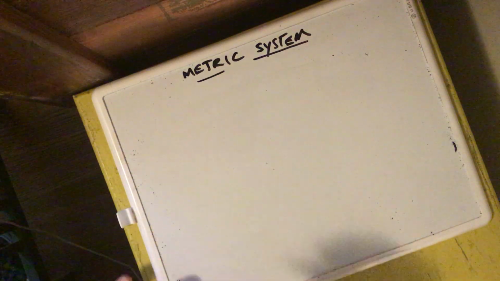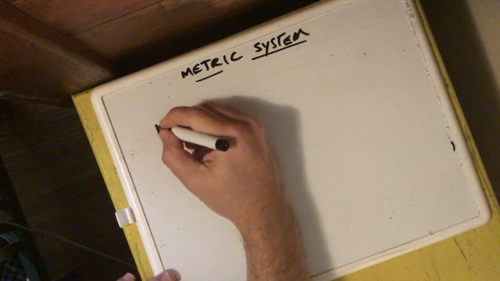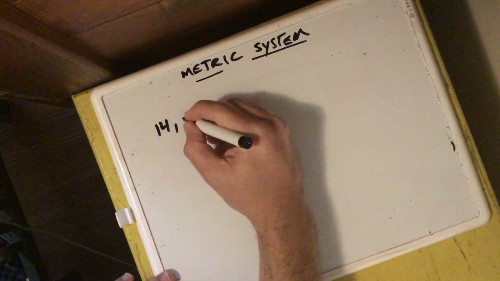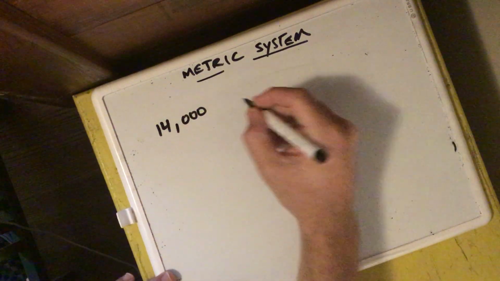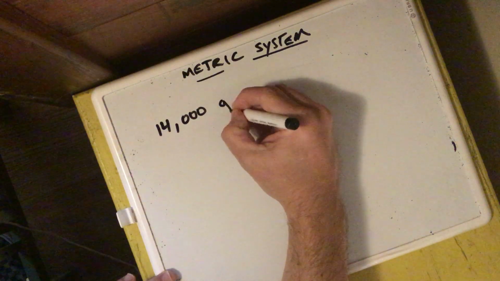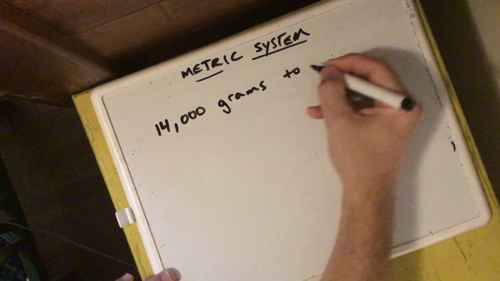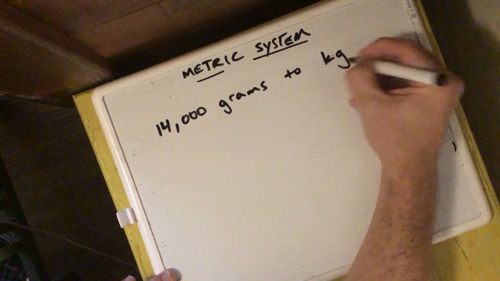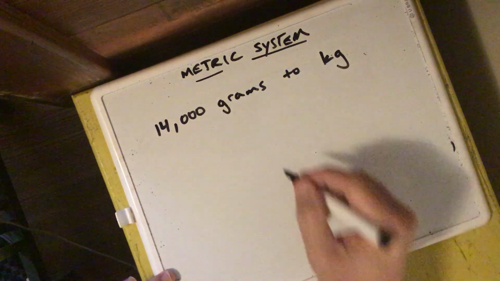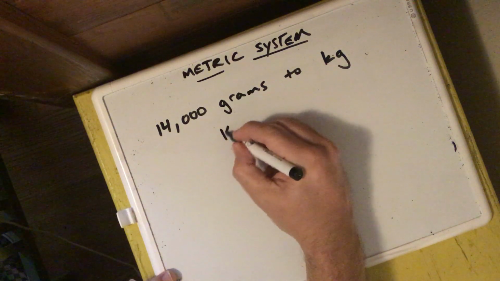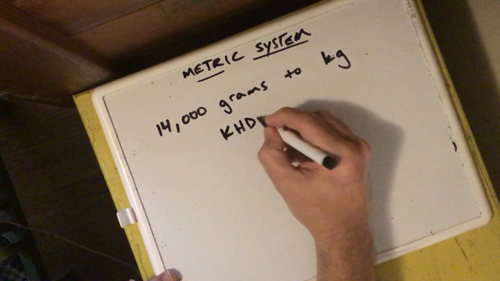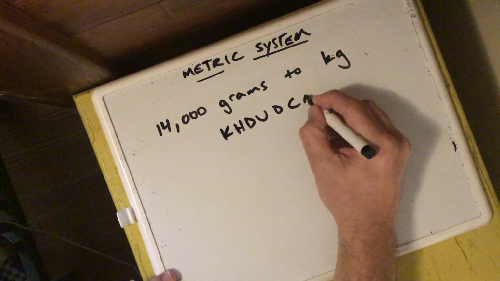Let's say we wanted to convert 14,000 grams to kilograms. So write out the mnemonic again. King Henry doesn't usually drink chocolate milk.